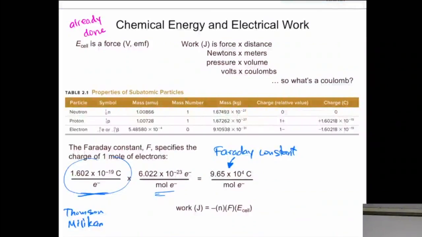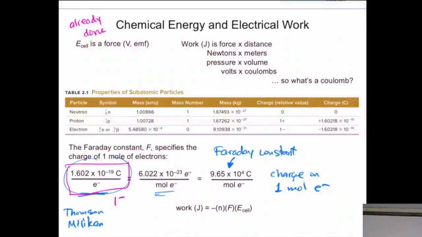This is just Avogadro's number. For 1 mole of electrons, this is the charge on 1 mole of electrons. That's all it is. But this number here, just an FYI, okay? The charge of an electron, that's what we call 1 minus. Right?